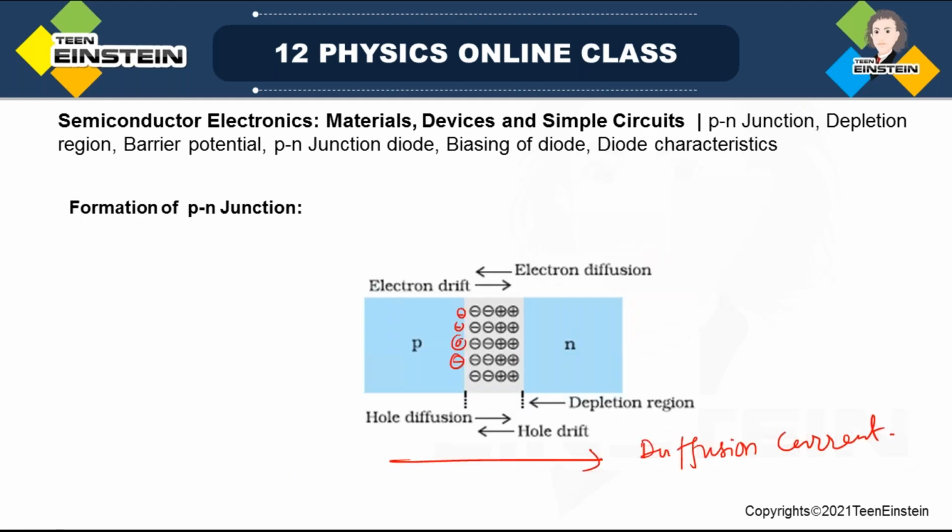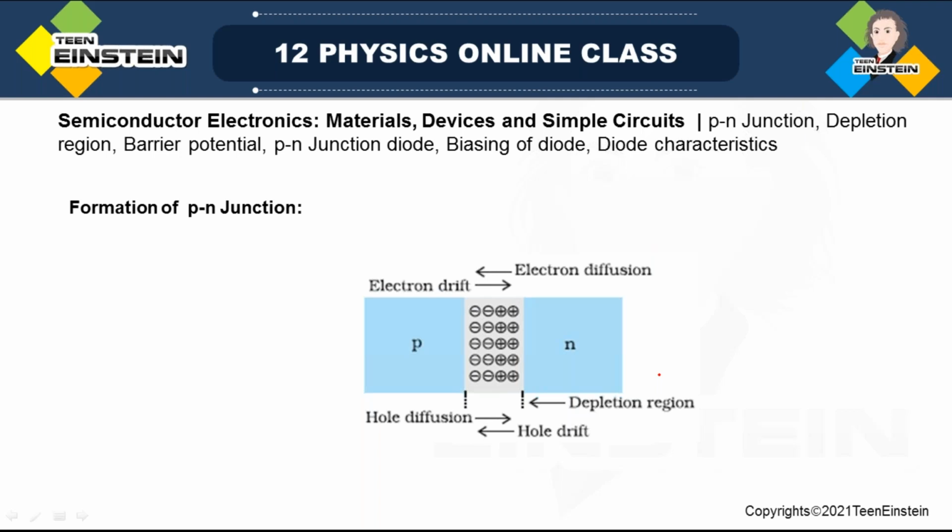So now one more thing is here: when there is a huge electric field or potential developed across the PN junction, there will be another current also. Holes will be pushed from N side to P side, and electrons will be pushed from the P side to N side.